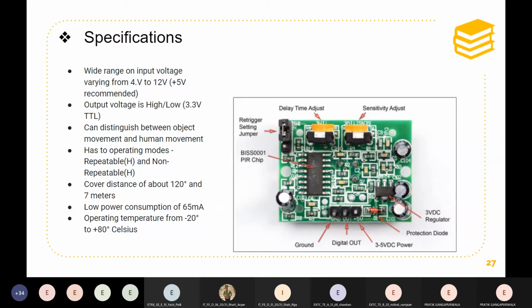For example, if a glass, a can or a car is being displaced, it can distinguish that from a person sitting inside the car. That is one of the applications of this PIR motion sensor. It covers about 120 degrees and 7 meters. It has a low power consumption of 65 milliamperes, and the operating temperature is from -20 to +80 degrees Celsius.